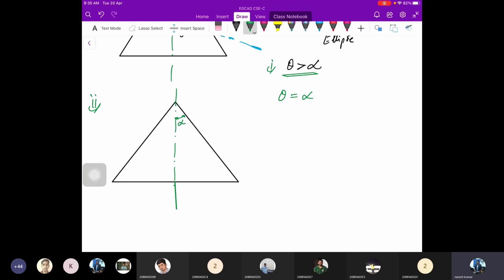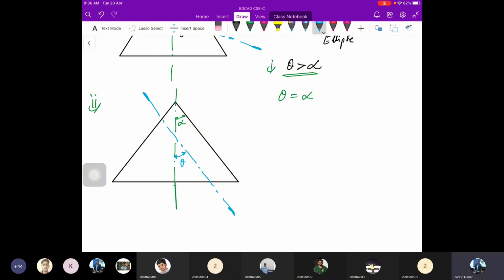We are using the same angle like this. The ends will be somewhat darker. This is the cutting plane and this is theta, the cutting angle. Here the condition is theta is equal to alpha.